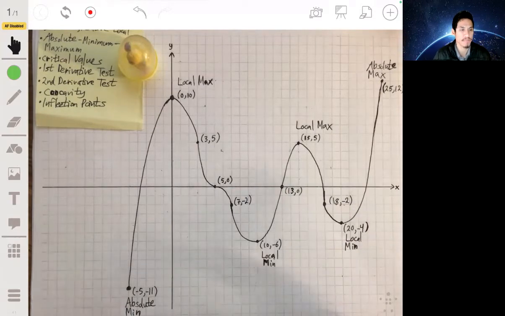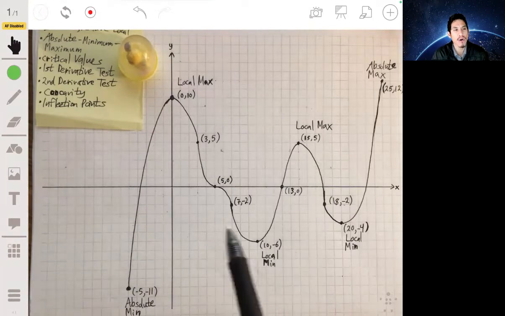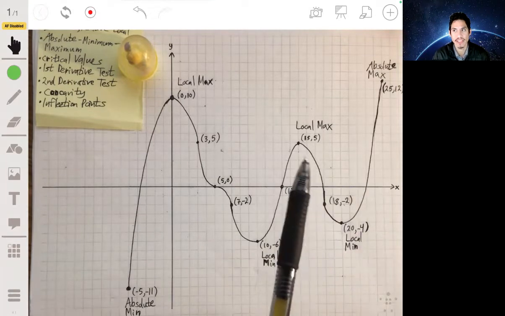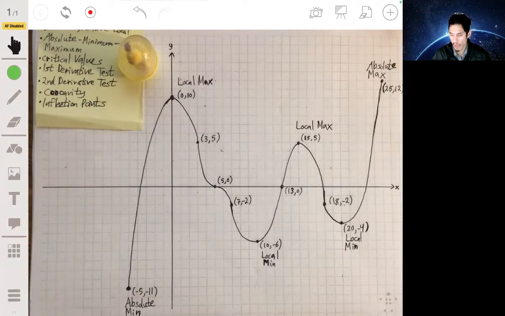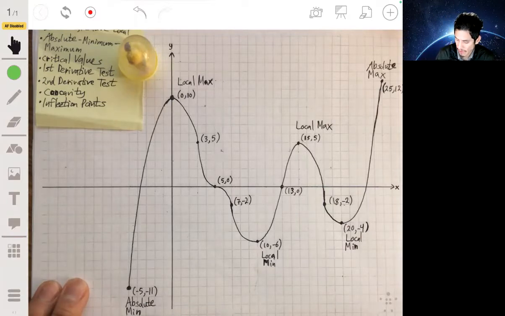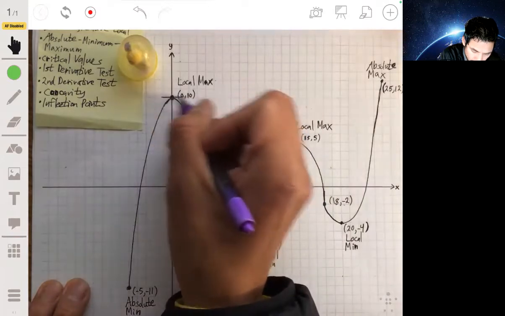Okay, so then what we want to next understand is how the derivative relates to local maximums or local minimums. So what you're going to notice is that at all of these values, you're going to have a horizontal tangent line. You're going to have a line sideways if you regard a derivative.